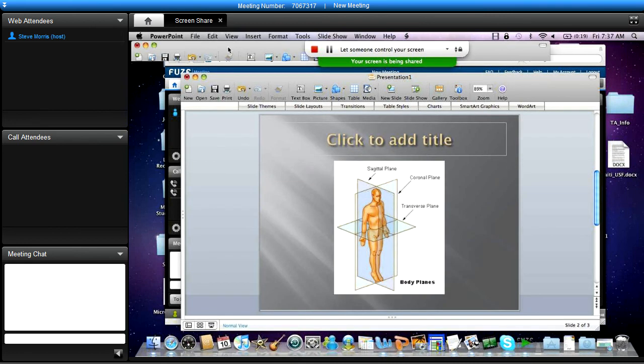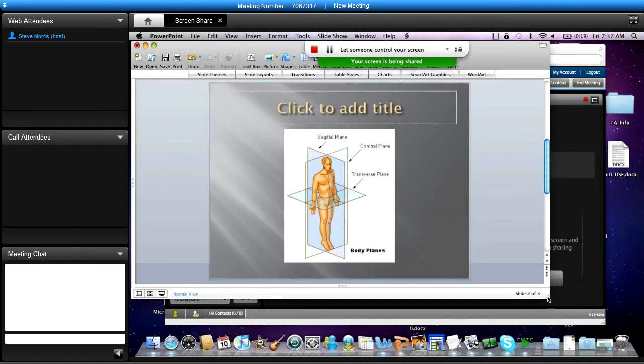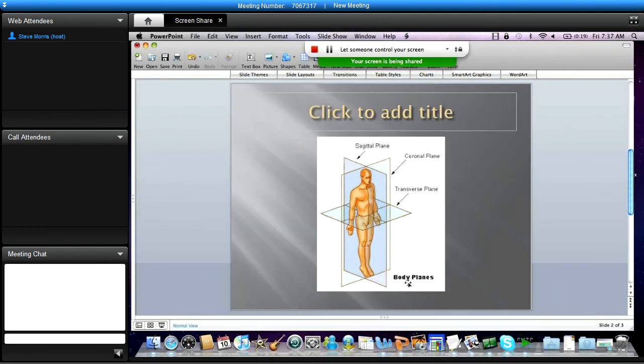Now, I've already discussed this in the review of the lecture material, but when we talk about anatomical planes, I'm showing you now the illustration that is on your PowerPoint presentation of the lab portion of the course. You can see that the human body in this illustration is divided into several planes. And these are the planes that I would expect you to be able to recognize.